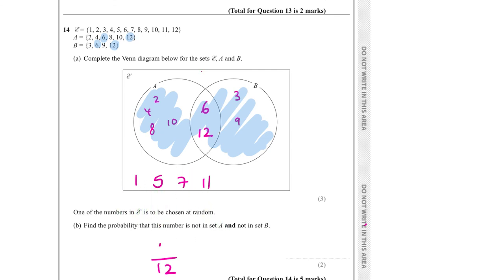So we have 4 out of 12 chances. So you can write 4 out of 12. If you did simplify that to a third, that would also be acceptable. However, the 4 out of 12 really shows that there were 12 options and 4 of the numbers were not in A or B. Okay?